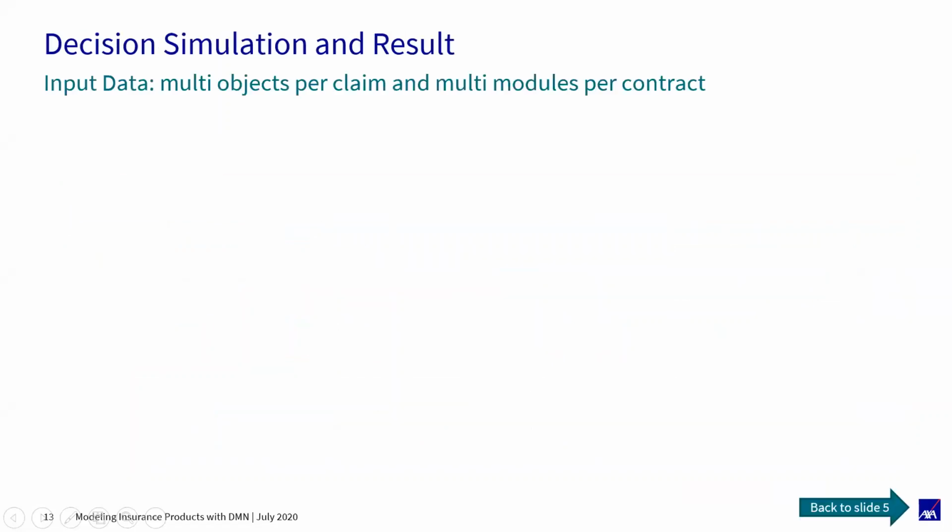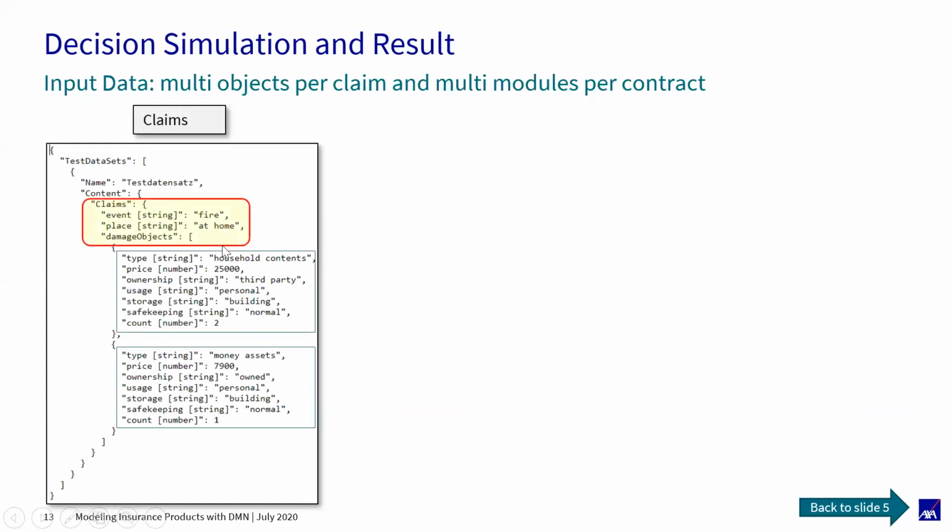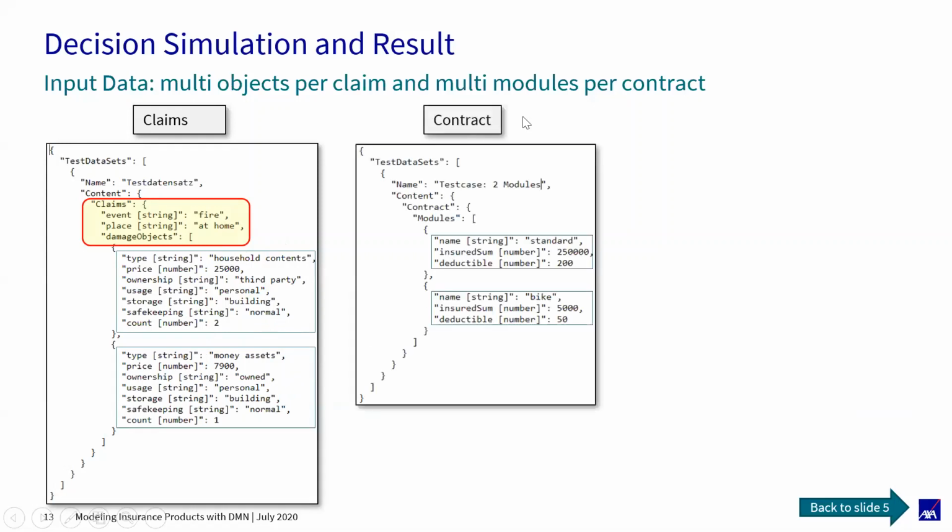And to give you an idea how the decision table works, I provided some test data. We have a claim, a fire at home, and two loss objects in the object category household contents and the object category money assets. And the second input data is the contract with two product modules. There's a standard module and a bike module.